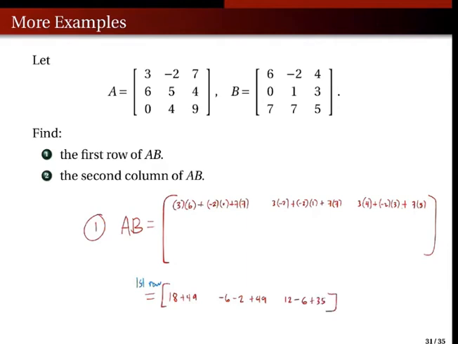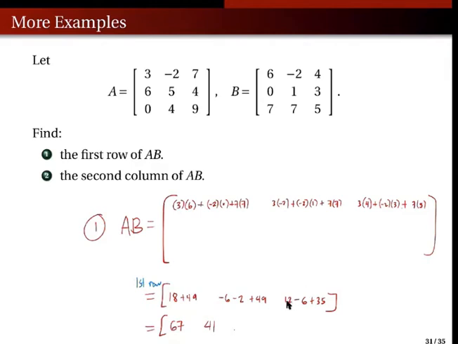And then we simplify this. So what are the numbers? 18 plus 49, that's 67. And then in here, minus 6 minus 2 plus 49, that's 41.